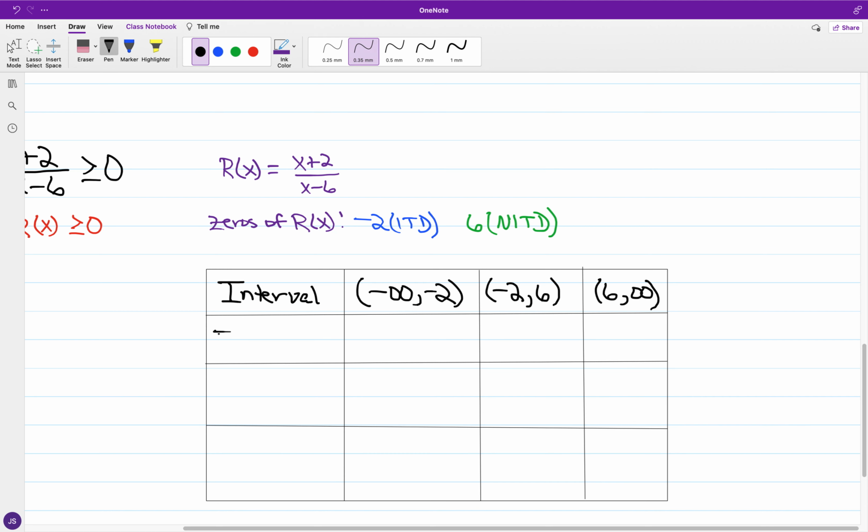And entering the stage of applying the test values for the input. So we can say anything less than negative 2, we can go with minus 3. And anything between negative 2 and 6, we can go with 0. So we can use 0 this time around.